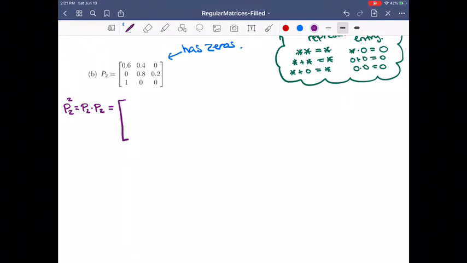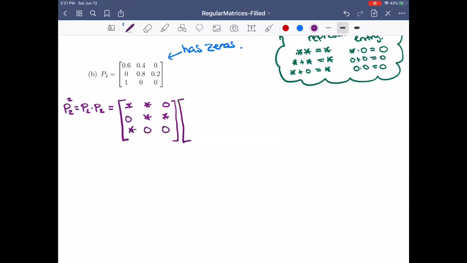So what I'm going to do is put a star everywhere P2 has a positive number and a 0 otherwise. That's one copy of P2, and then I have another copy of P2, and I want to multiply them together.